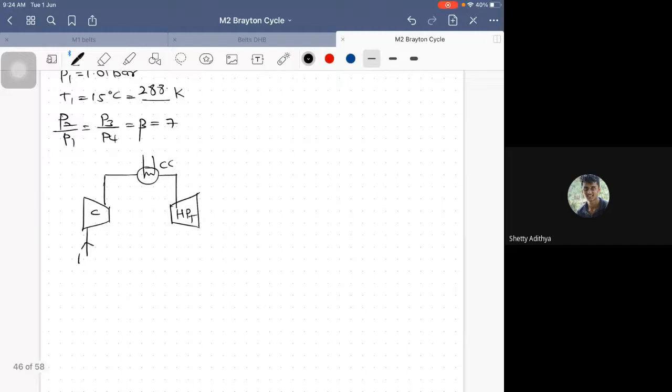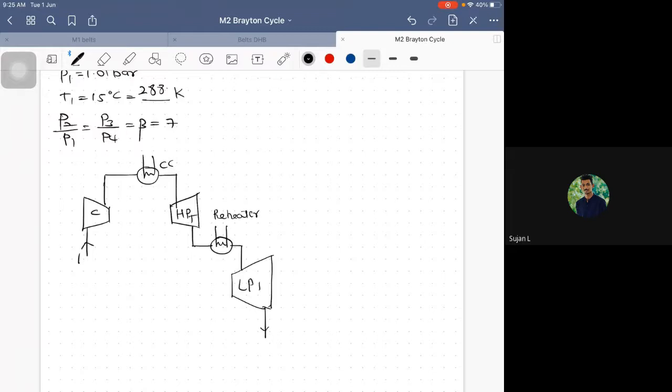HP turbine, and output of this is connected to a reheater. From the reheater, again, you are expanding in an LP turbine, and you are leaving it out.